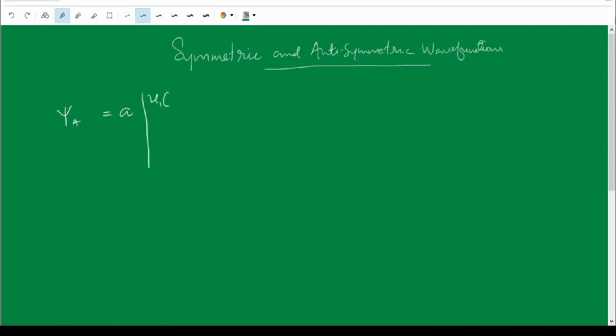u1 of q1. Q1 is the argument of the first particle.